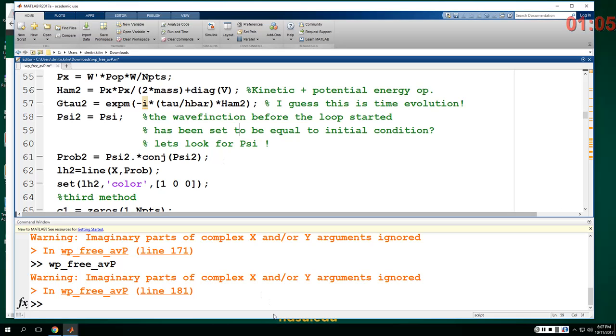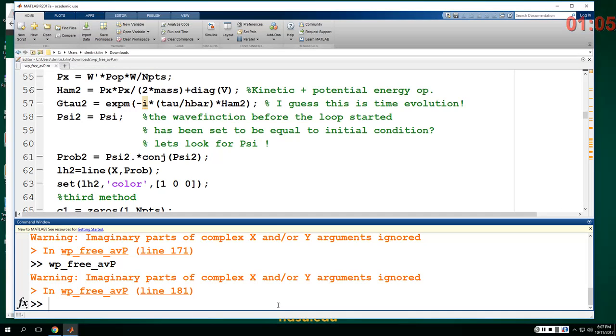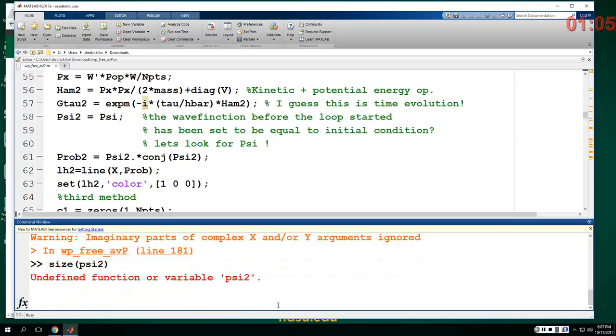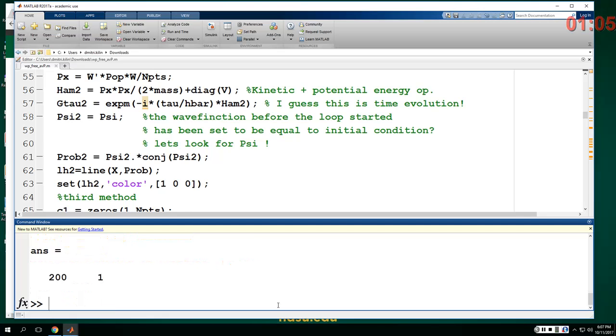We can make more experiments like size of psi2. Yes, I mean this 200. So it's just a string of numbers. But if I do size of px, what should I get? This is something that you can answer confidently.